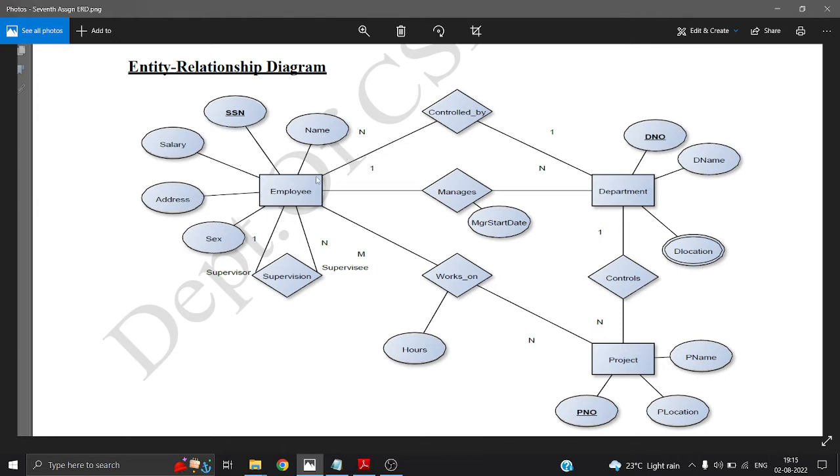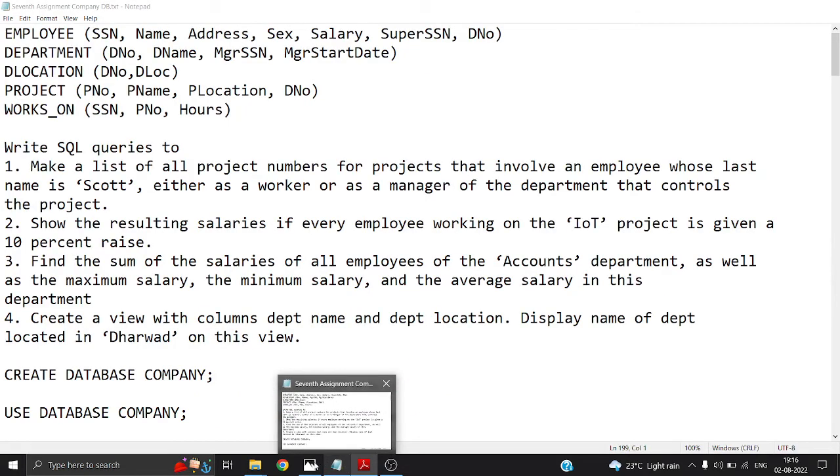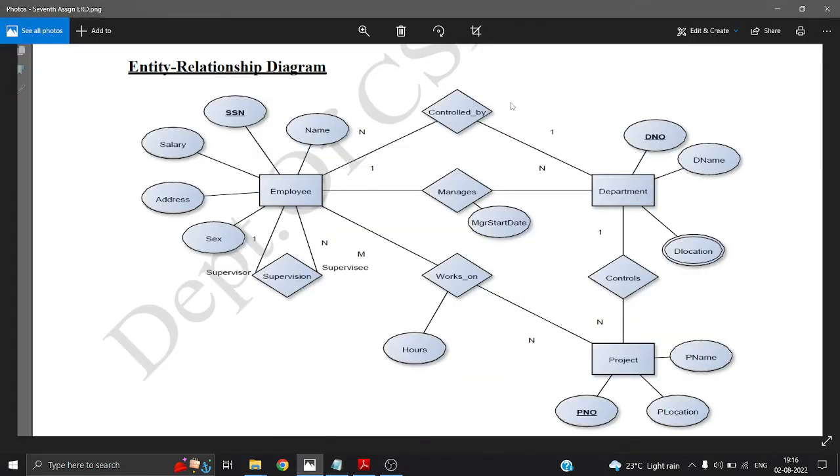As n lies at the employee side, the key attribute of department becomes the foreign key in the employee table. Department number in the employee table gives the information about controlled by, or you can call it works for. Both give the same meaning. So this is the second foreign key in the same table, employee.